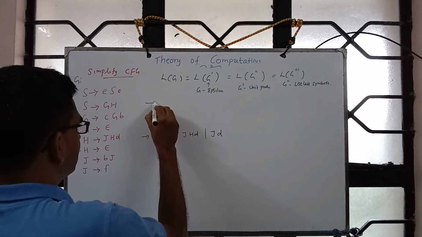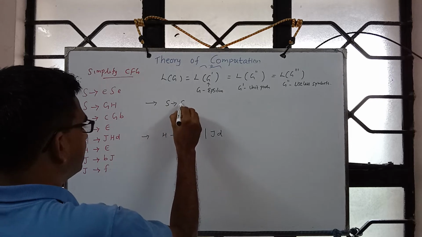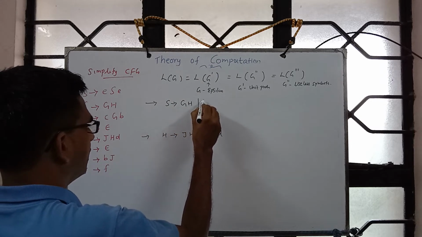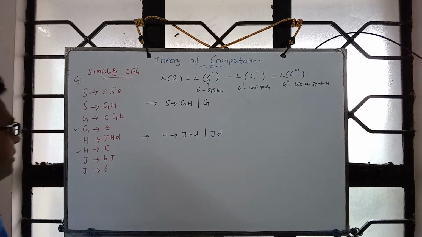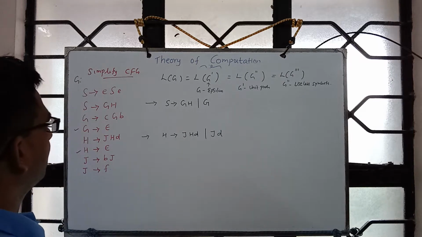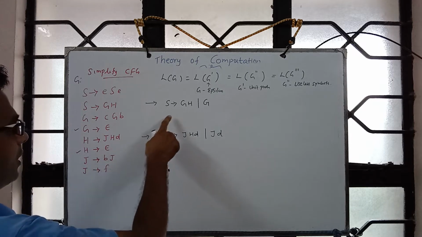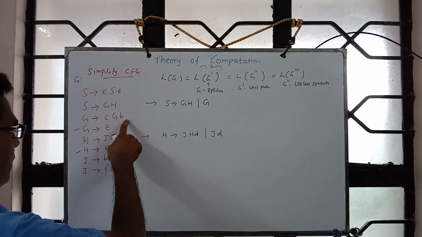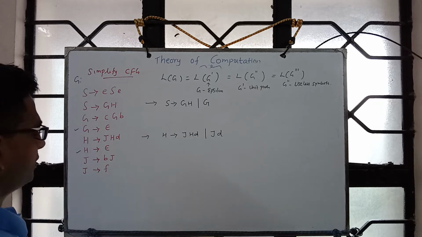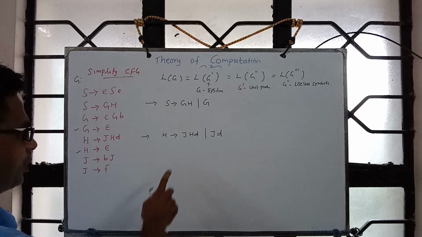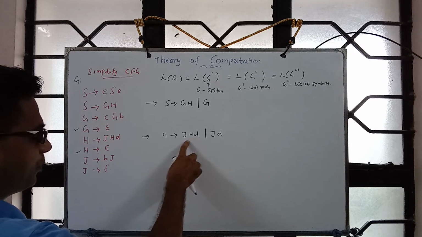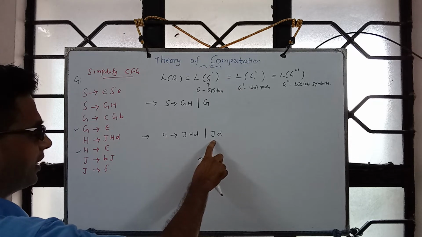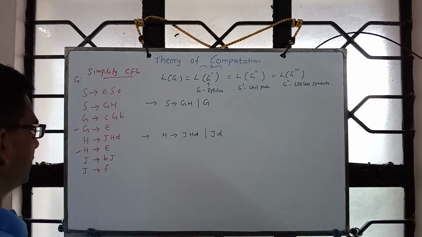So which means S implies GH or S implies G. Fine. And that's all. Wherever H is appearing, we should ensure that in that production you substitute epsilon before you remove this.